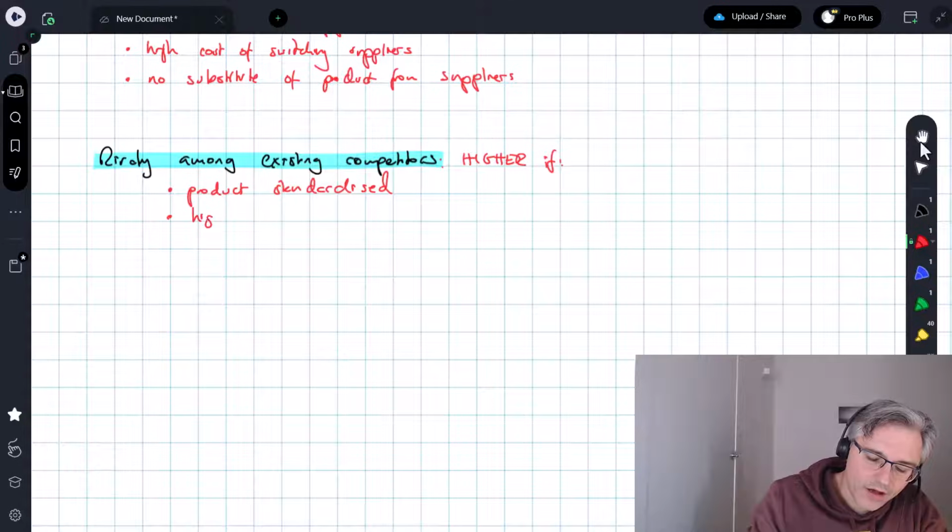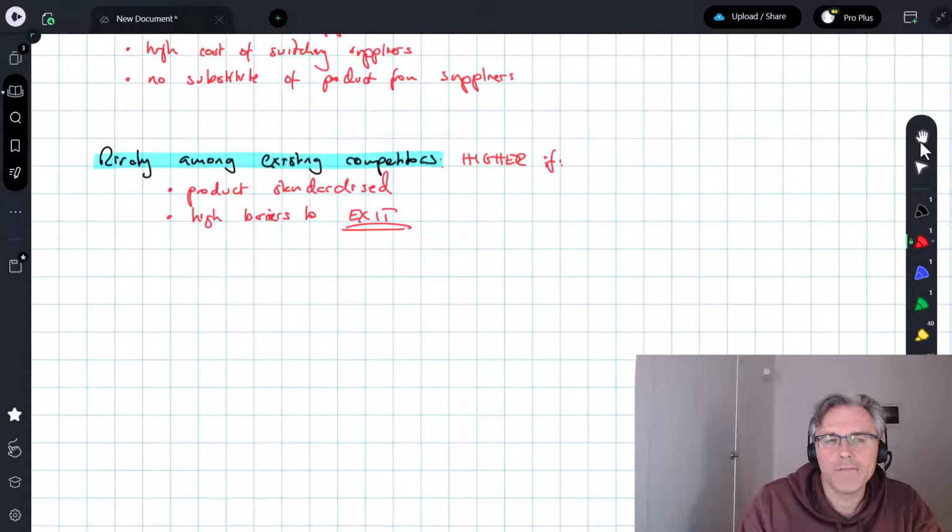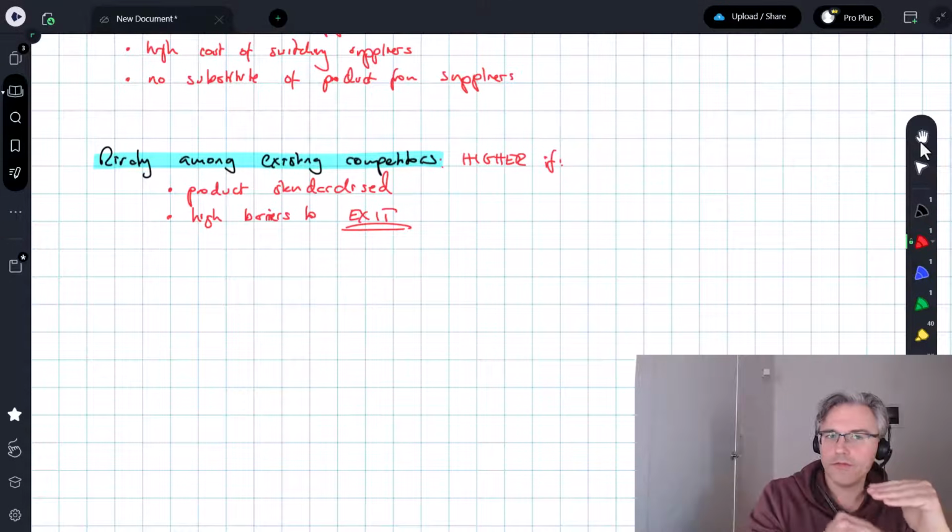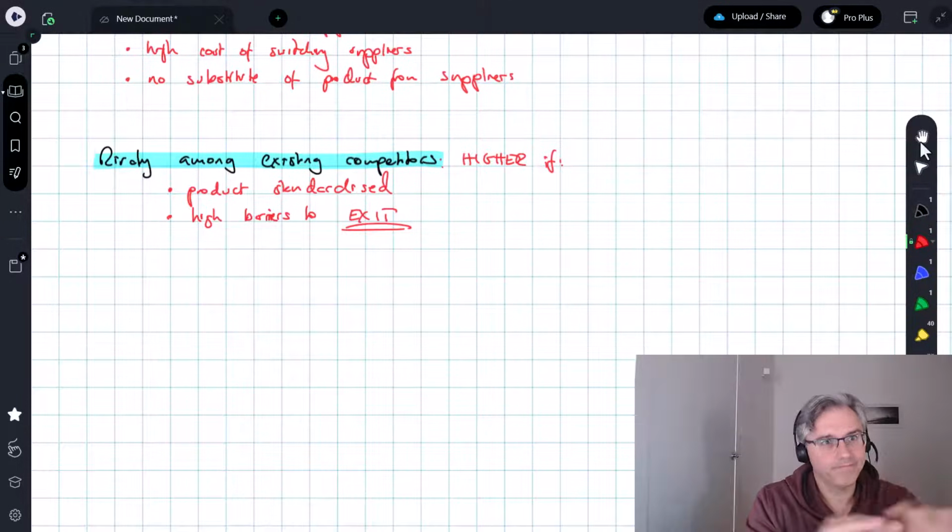If there are high barriers, this says barriers, but barriers to exit, right? Be careful not to make the mistake of thinking about entry. Barriers to entry reduce rivalry because they stop new entrants from coming in.